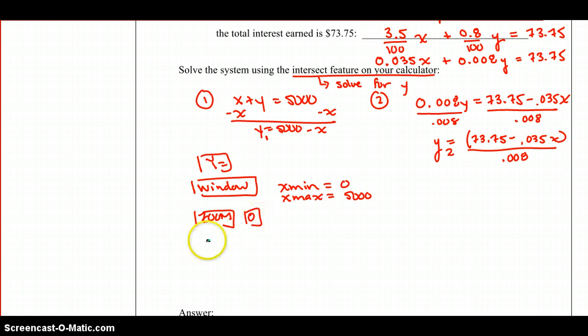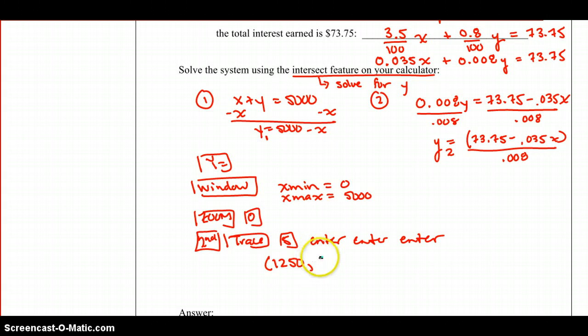We could see the intersection on screen, so we pushed second, trace, and 5, then enter, enter, enter. And we got an ordered pair of 1,250 and 3,750, and both of these are in dollars.